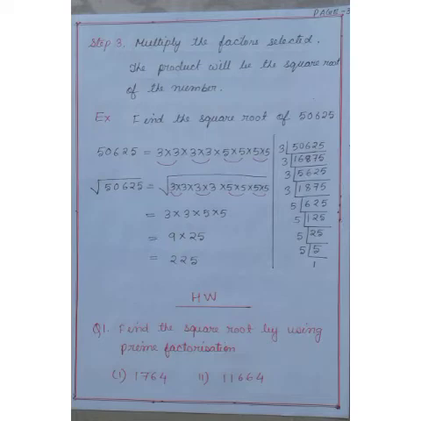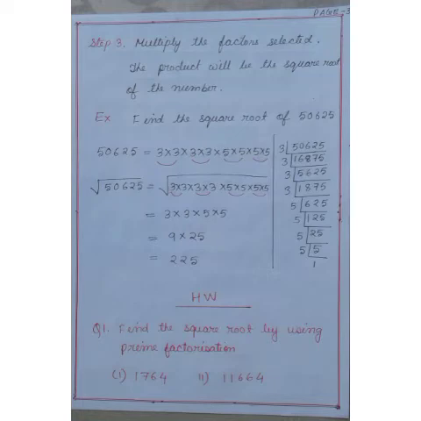I get 625. The last digit is 5, but 625 is not divisible by 3. So I have to divide 625 by 5. I get 125. Again the last digit is 5, so I can divide it by 5. I get 25. If I divide 25 by 5, we get 5. If I divide 5 by 5, I get 1.